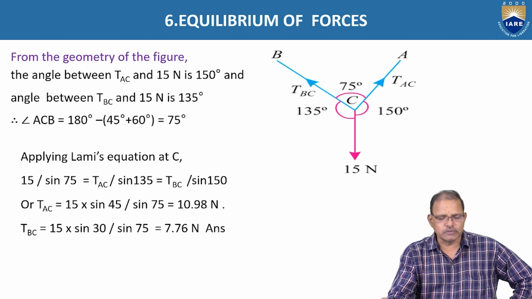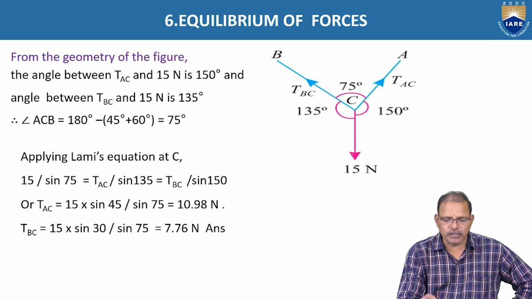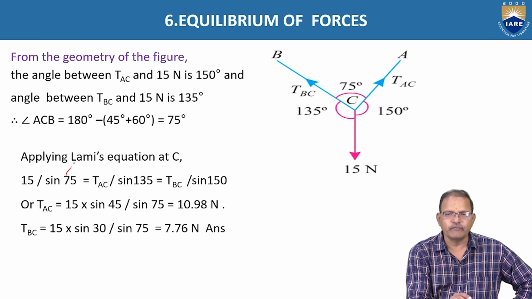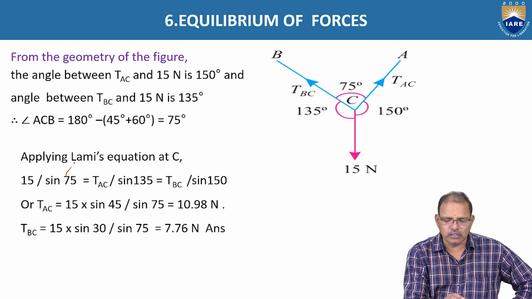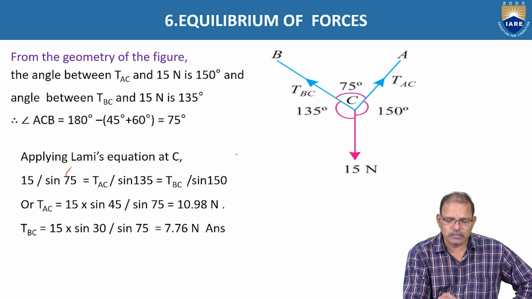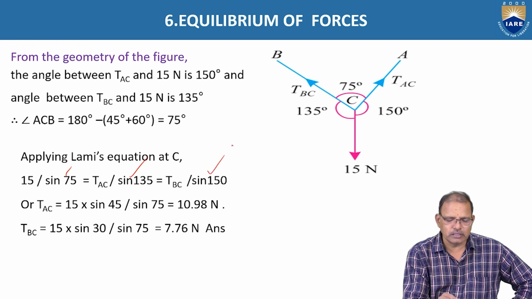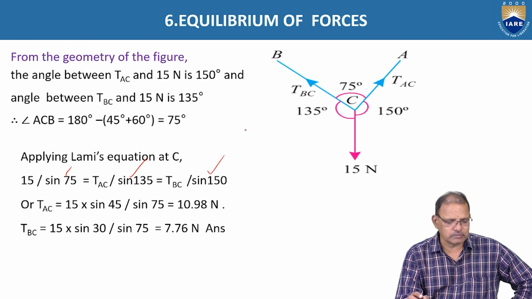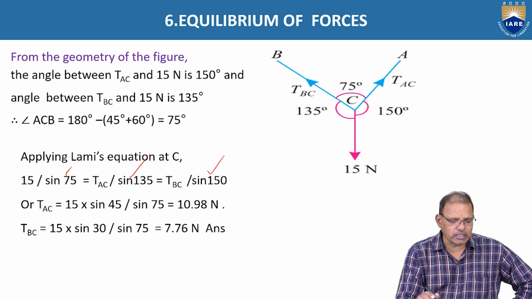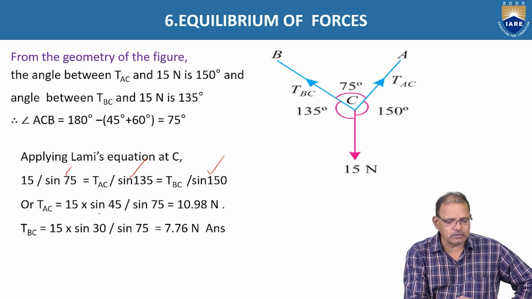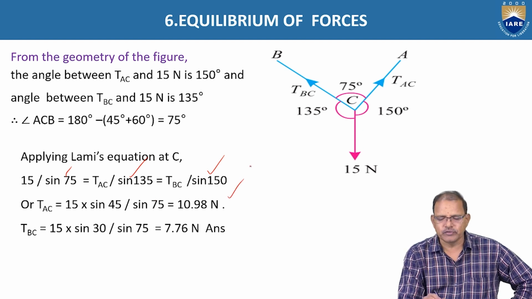According to Lami's principle, 15 divided by sin 75 is equal to TAC divided by sin 135, equal to TBC divided by sin 150 degrees. Our TAC is equal to 15 into sin 45 divided by sin 75, which is 10.98 newtons.